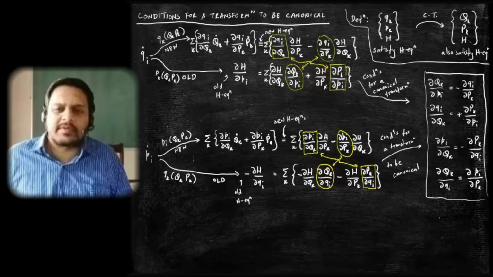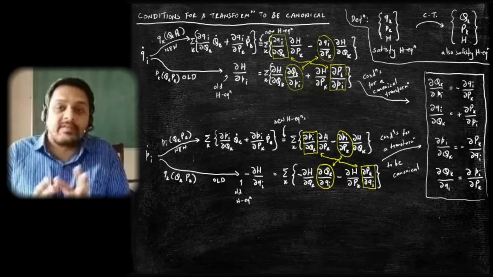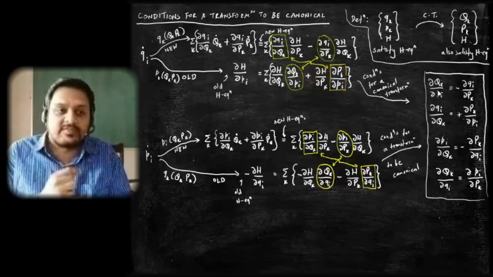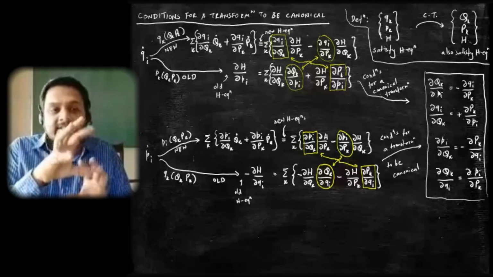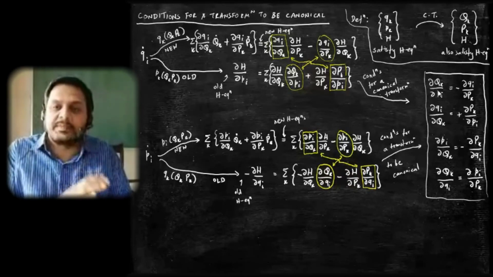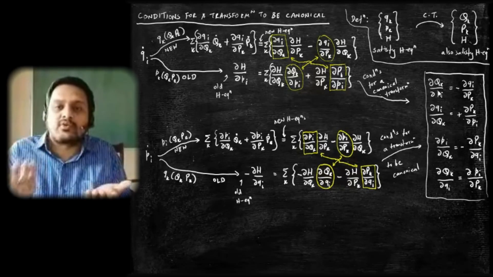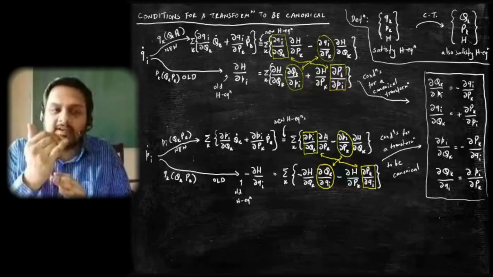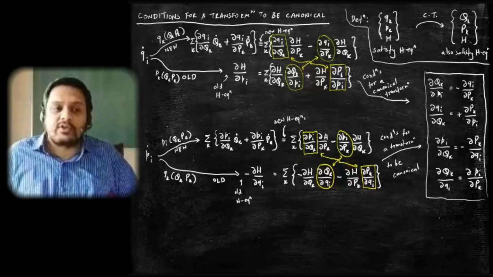First piece of the puzzle was that I can write Hamilton's equations in matrix form. Second is that there is a certain set of differential conditions between old q, p and new Q, P such that when they are satisfied, the transformation can be called canonical.